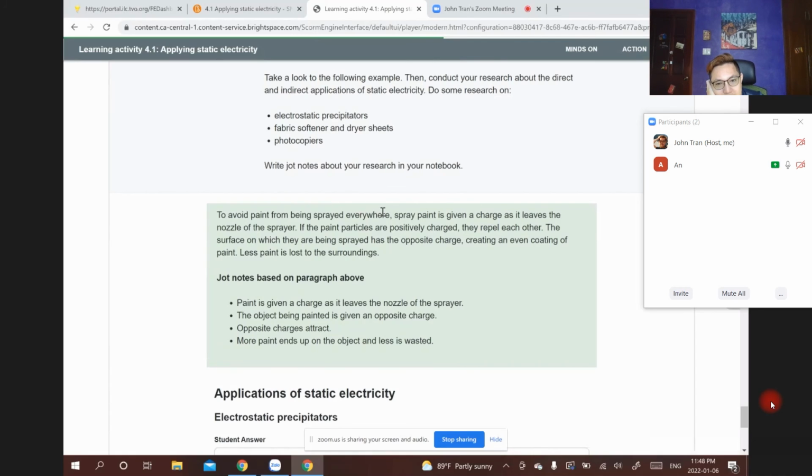If the paint particles are positively charged, they repel each other, so of course they will spread. The surface on which they are being sprayed has a negative charge, so they attract each other, creating an even coating of paint. So less paint is lost to the surroundings. Because they are attracted to the surface, they won't go anywhere else. They go where they're supposed to go.